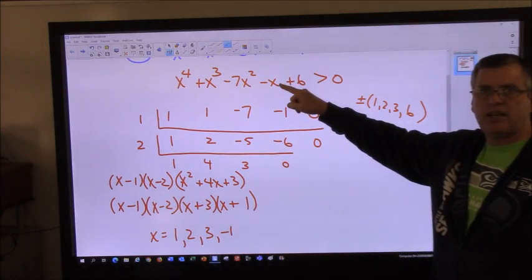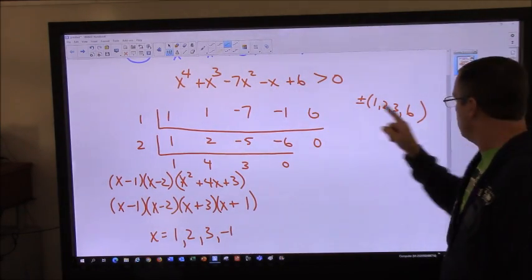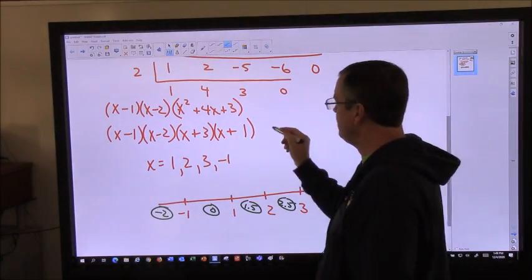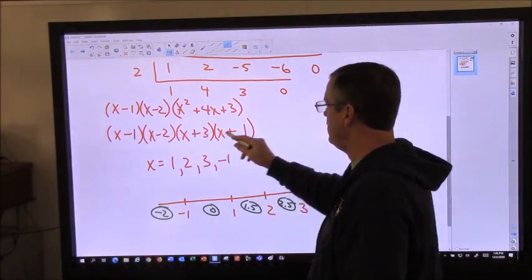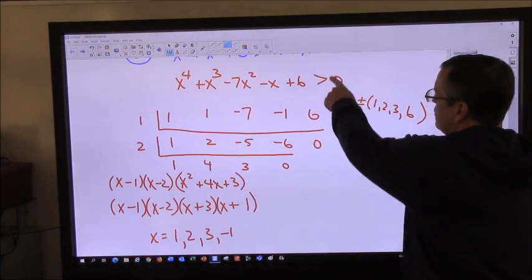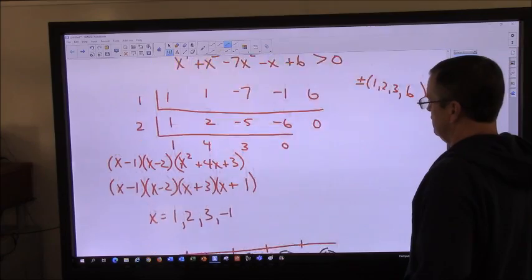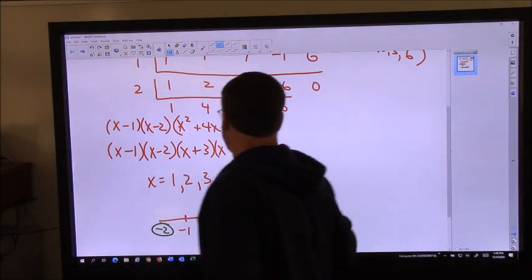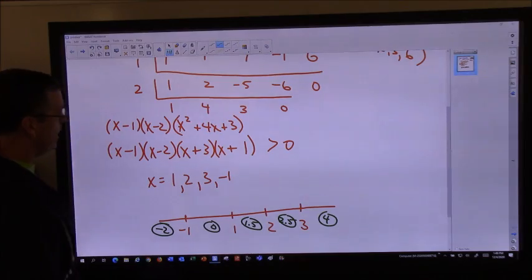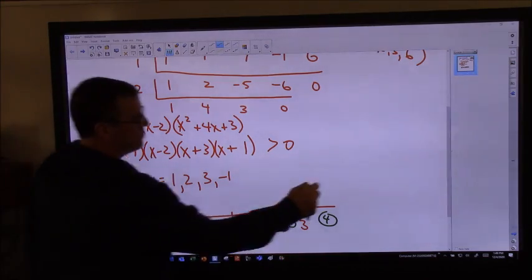Sure, I could, but that's not very easy. When you plug it into the factored form, then all you have to do is decide if you've got positive or negative numbers, and once you multiply those, we'll know if we're going to get something greater than 0 or not. So greater than 0. I want to see something positive here.